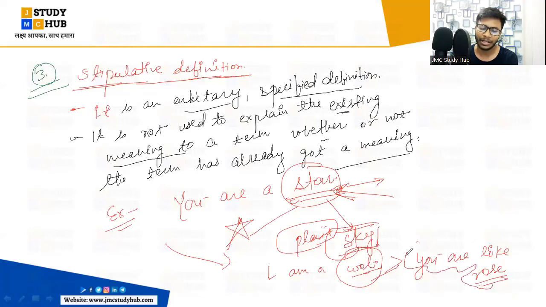बट यहां पर like शब्द का यूज नहीं करेंगे, right? If you use the term like here, it will be comparative, right? आप रोज के साथ कंपैरिजन कर रहे हैं, right? It will be analogous definitions, we will read it, right? Analogous definition में क्या होता है, हम किसी चीज से कंपैरिजन करते हैं, right? So you will not use the term like here.